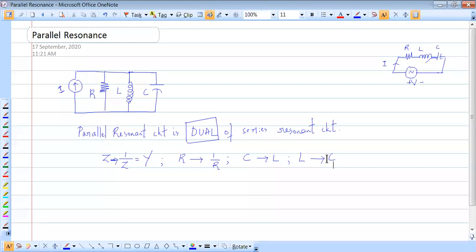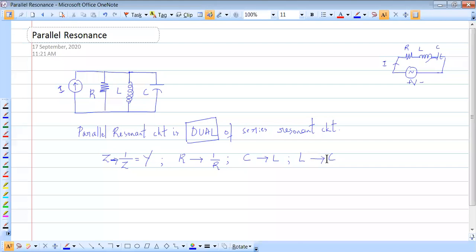This is called the duality principle. Since the parallel resonance circuit is the dual of series resonance circuit, if you remember the equations concerning the series resonance circuit, in those equations, if you replace R by 1 by R, C by L, L by C, you'd get the equation for parallel resonant circuit. That's it. Get that point, everybody? Fine.